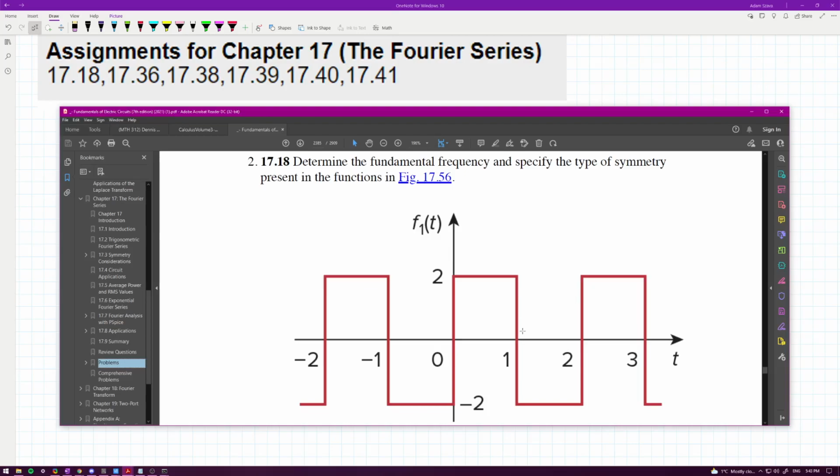And specify the type of symmetry. So it has no sym... Oh, odd symmetry. It's an odd function. Yeah, I guess I'll check my answers. If I'm just talking through this, I may as well check the answers while we're going. 17.18, they do not have answers for.